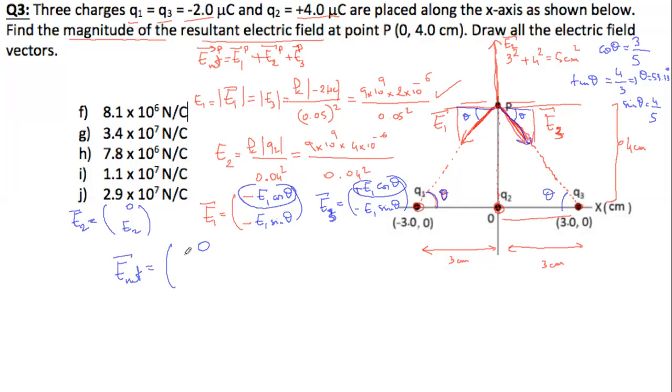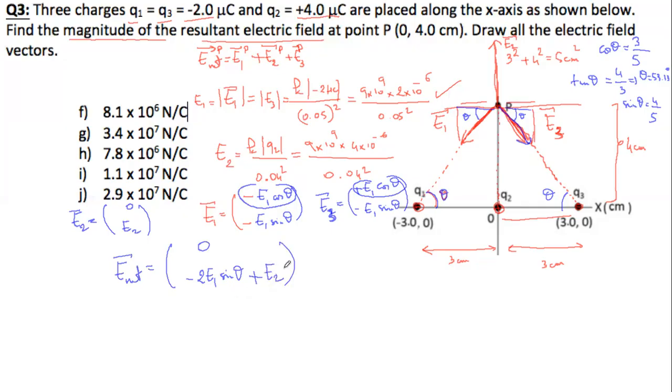Here, the net electric field will be along the y-axis, because Q1 and Q3 are symmetric. When you do the calculation, you see that it's 0 along x, and along y, you have minus 2 times E1 sine theta plus E2.